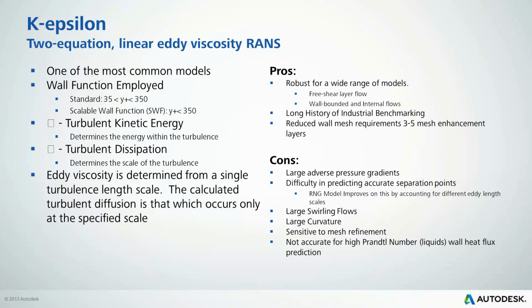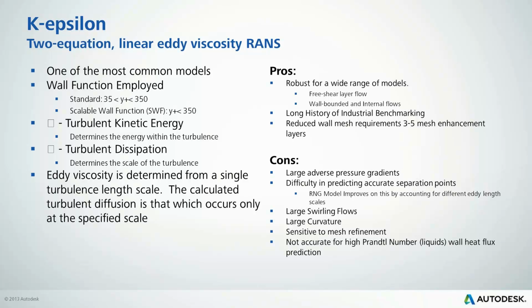Now, the K-epsilon model itself does have quite a few deficiencies, which have been addressed in many current modeling techniques. Large adverse pressure gradients, which go along with predicting separation points, has always been one of the biggest cons of this modeling technique. When I say large adverse pressure gradients, all that means is if you think about a flow profile going over a wing, eventually that will typically separate.